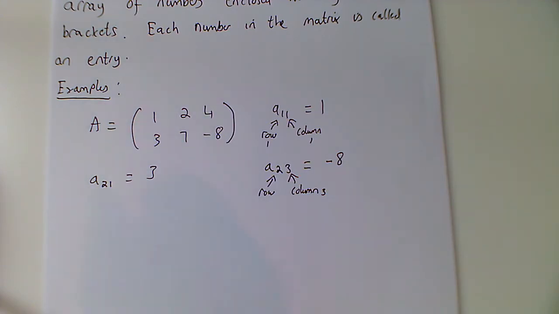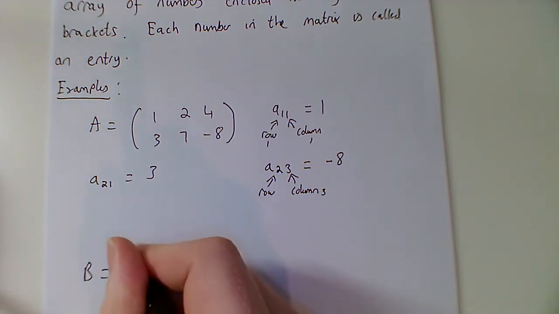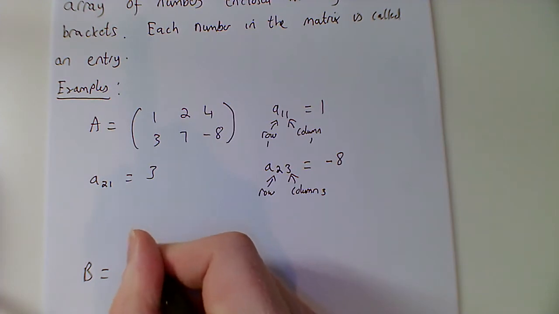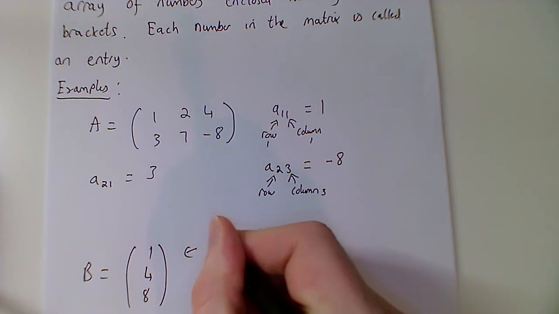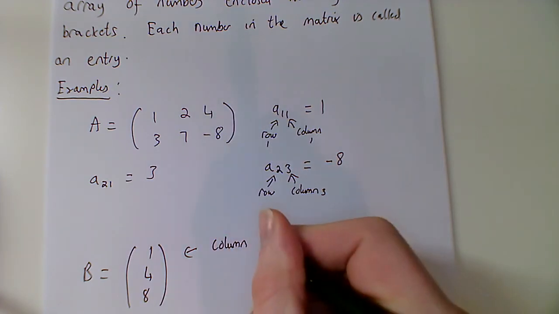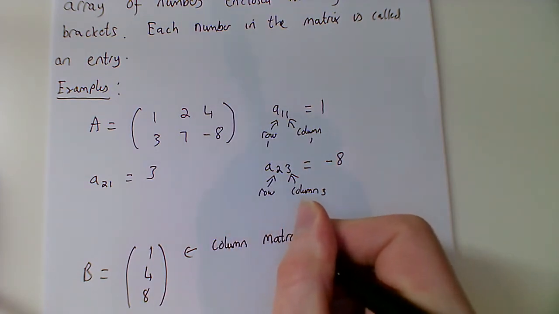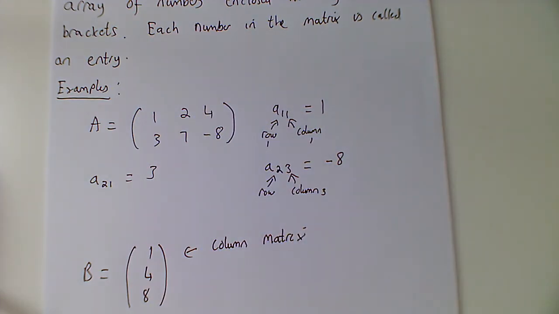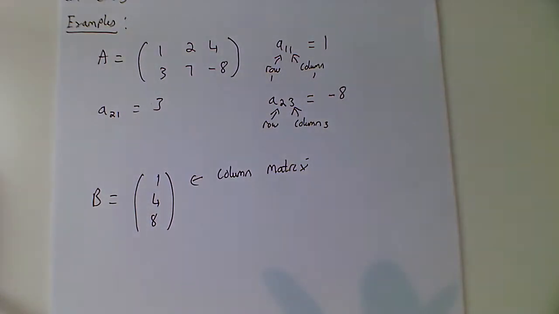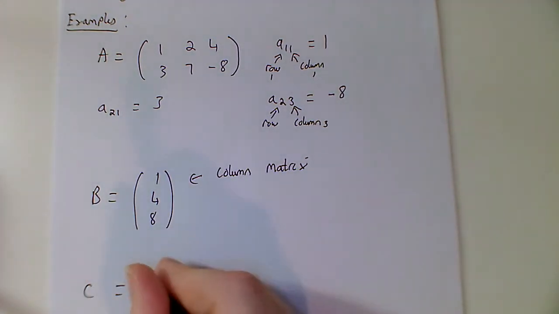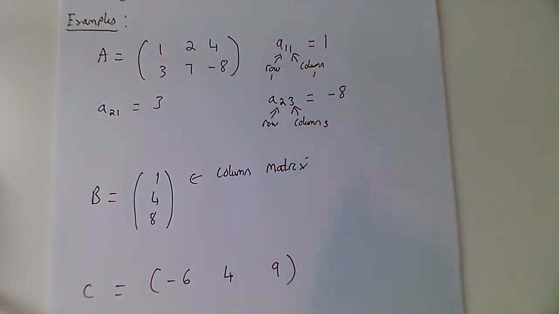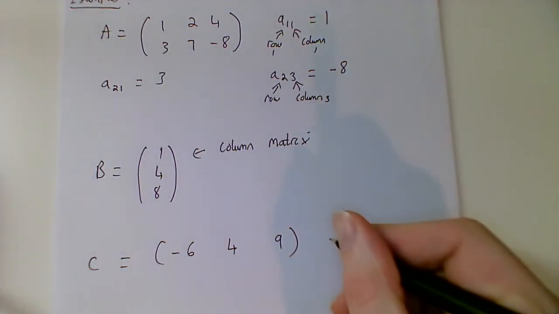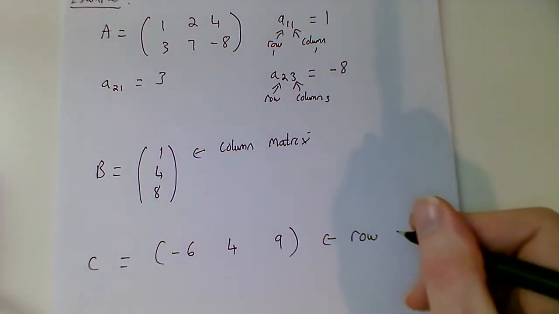Okay, now a matrix could look like this, and that would just be called a column matrix. Or you could have C like that there, and that would be just made up of a row.